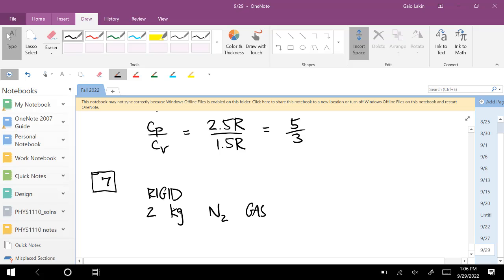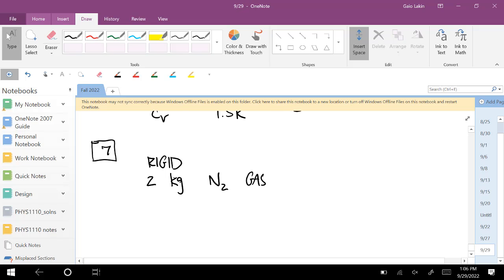We don't have it for every gas, but nitrogen we happen to. We start out with a temperature T1 of 27 degrees Celsius and a pressure P1 of 0.1 megapascals.